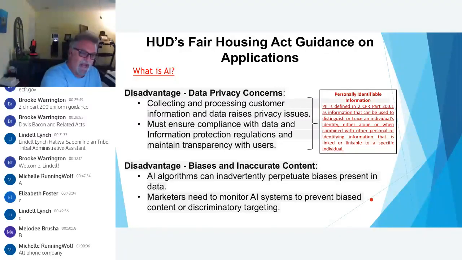Those of you that have that funding know what I'm talking about. And we're moving more and more towards a data-driven system. Well, that's not just happening with the Indian Housing Block Grant and housing. It's happening all over the place. More data processing, and we're moving in that direction.